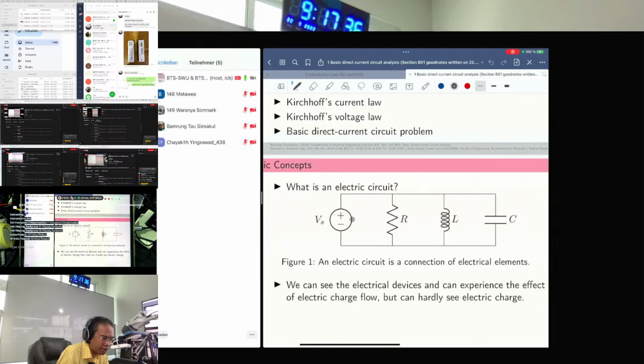If you connect something like this, the current will flow from the positive polarity to three components. This is the first circuit element, this is the second, and here is the third circuit element. This one is known as the resistor, right? And this one is known as the inductor, right?